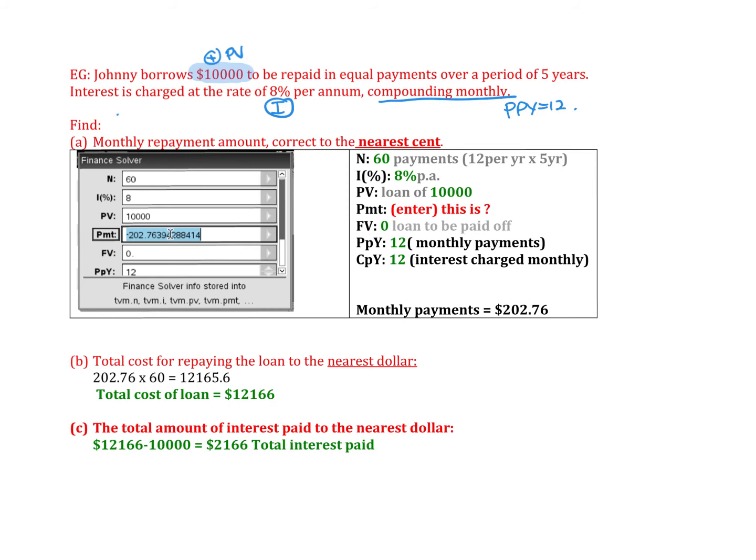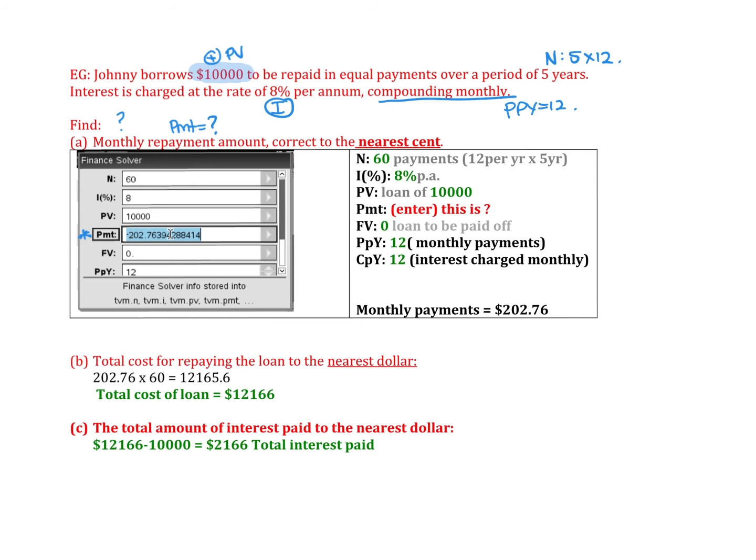Now, they're asking me what are the monthly payments. So what you're going to find is that you have everything but one of the things in your Finance Solver. So if you look up here, this 5 years told me that N was 5 times 12. And it's always good to write, when they say what's the monthly repayment, PMT is the question. So you know at the end of it, your PMT is the one you're going to click enter on.